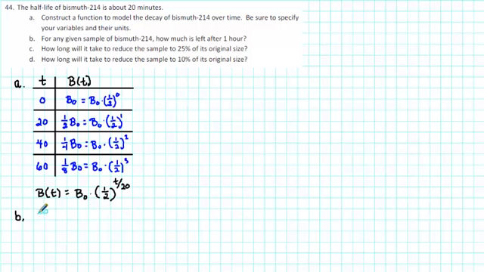Without using the table and using our function from part A, we could just substitute 60 for T. So we would find B of 60 is equal to B sub 0 times 1/2 to the 60 divided by 20.